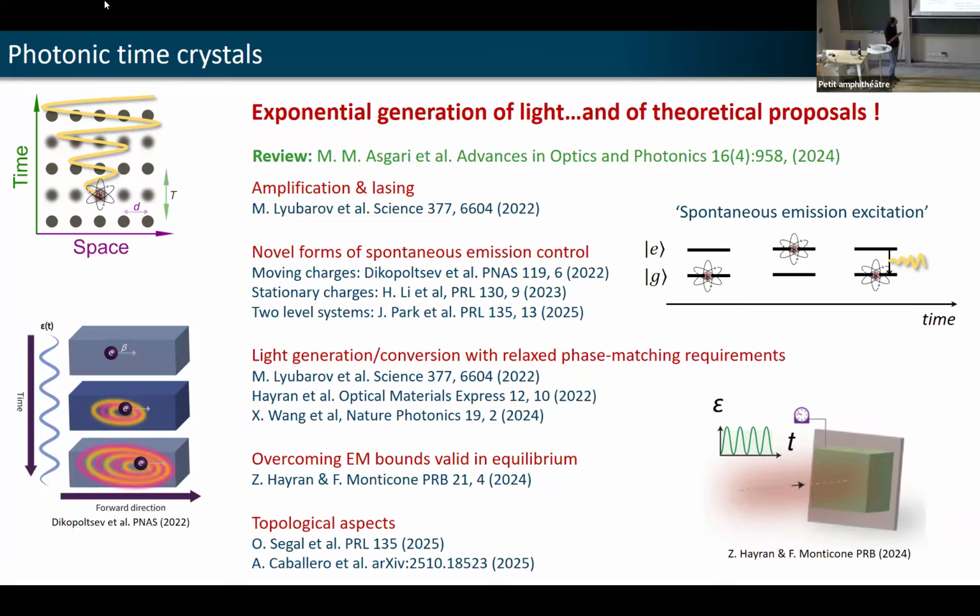And in terms of light matter interaction, this gives rise to novel forms of light matter interaction in the system. One I show here, for example, is what these authors call spontaneous emission excitation. So the atom is in the ground state, it jumps to the excited state, and then it emits a photon.